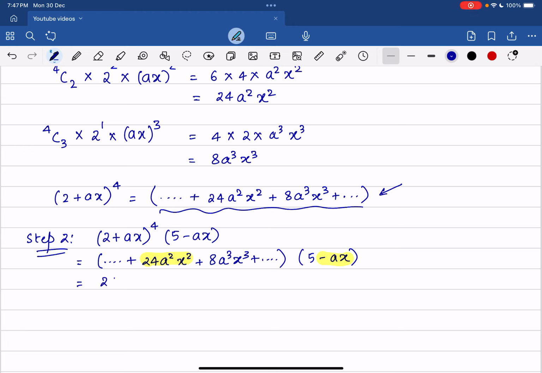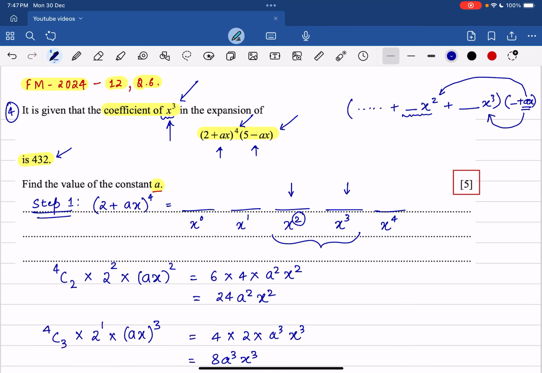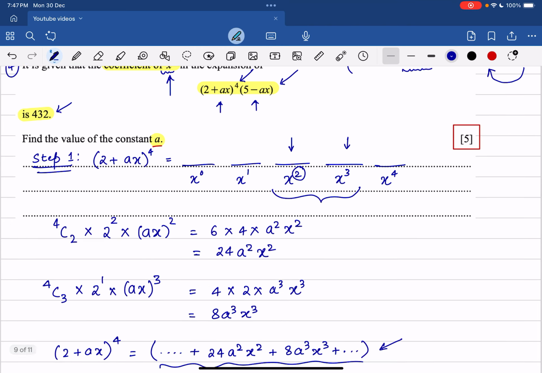So my target is 24a²x² multiplied with minus ax. I'm not going to multiply minus ax with 8a³x³ because it will give me x raised to 4, which is not my area of interest, because the coefficient of x cube is what is spoken about in this question.